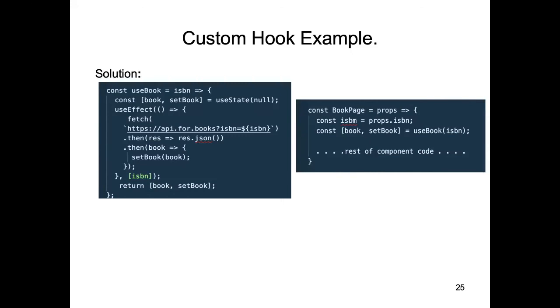Now, the parameter for my hook function is up to you to decide, but it would make sense that an ISBN number would be a sensible parameter for my particular custom hook. What the hook returns, in general, hooks tend to return a collection data structure, whether that be an array or an object. And it's really up to you to decide which you want to use.